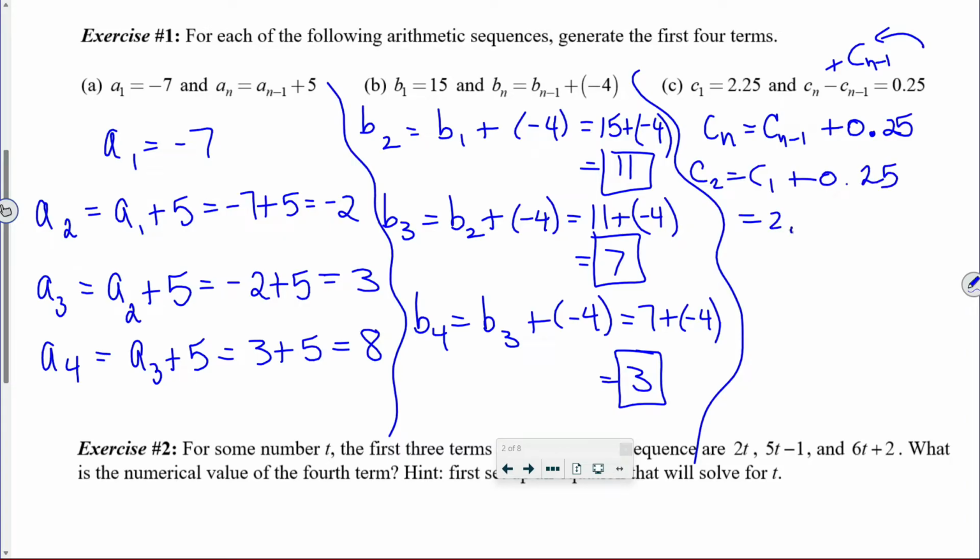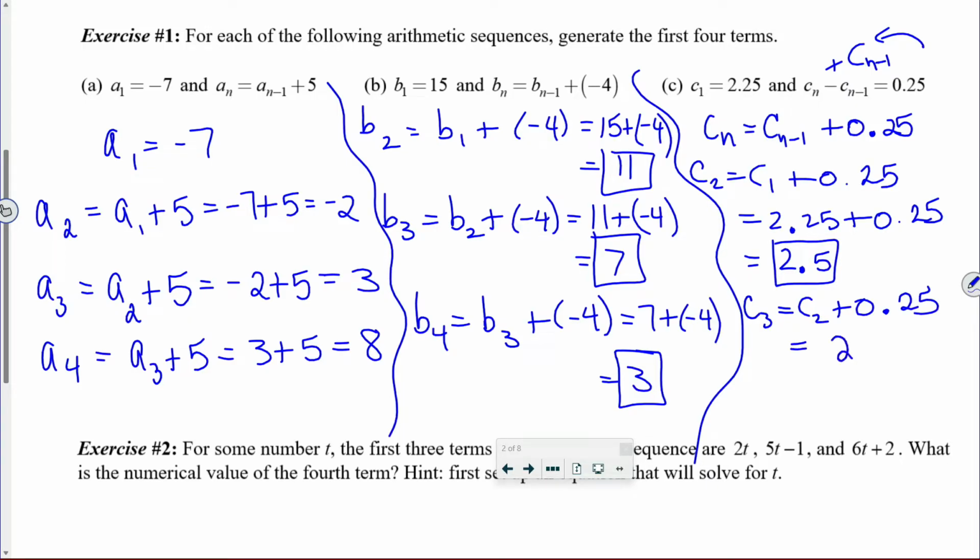So that's going to be 2.25 plus 0.25, and that's going to be 2.50, or just 2.5. All right, C3 is going to be C2 plus 0.25, and I'll try to save myself a little bit of room there. That's going to be 2.75. And then C4 is going to be C3 plus 0.25, which is going to be 3.0. But I'll just keep it at 3.